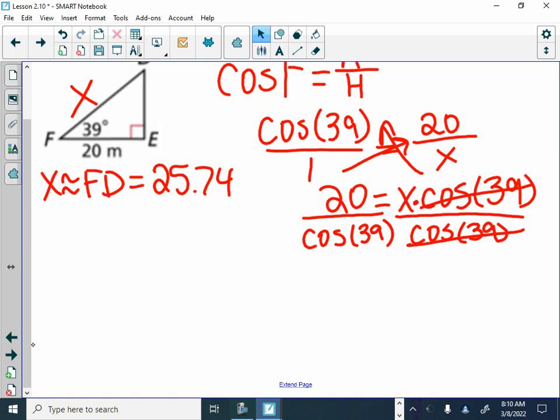That's T. Now you need to ask yourself, how does everything you have relate to the angle? So 9.5. Opposite means across from. So is 9.5 the opposite, adjacent, or hypotenuse?